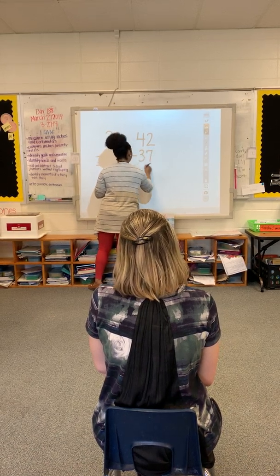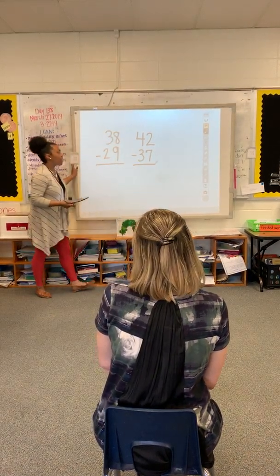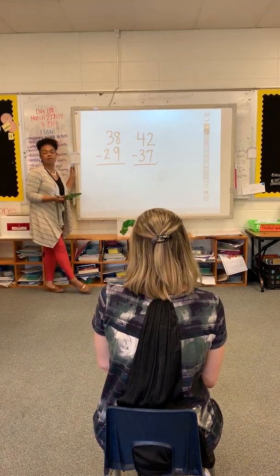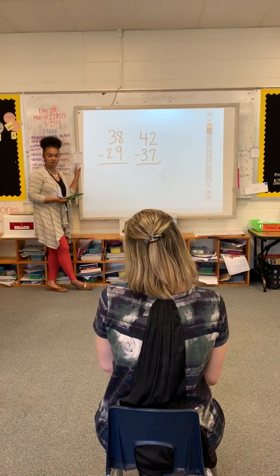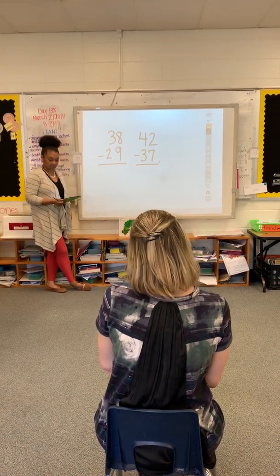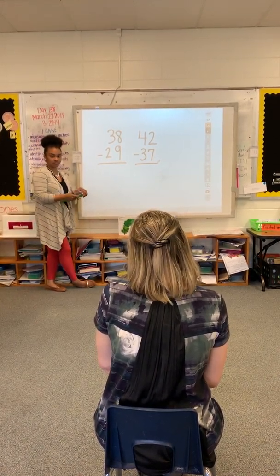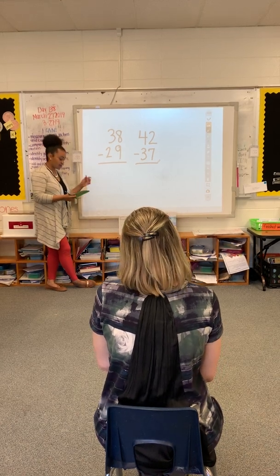Because I think y'all are doing fantastic. All right. 42 minus 37. How many are we starting with in the ones here? 2. And how many are we taking away? 7. Would you rename for this one? Yes. Why would you rename? Because we have more on the bottom. Great job.